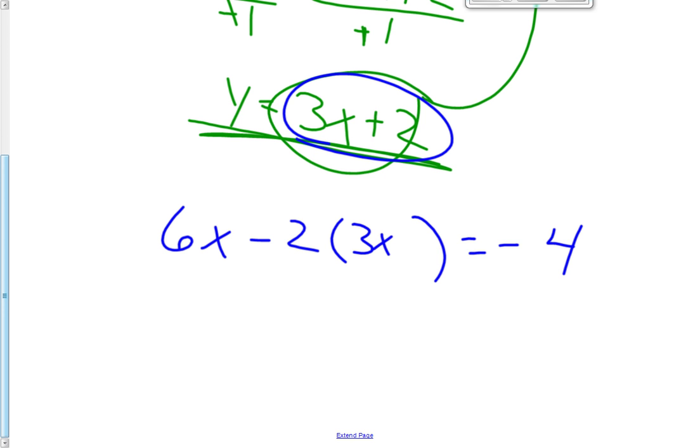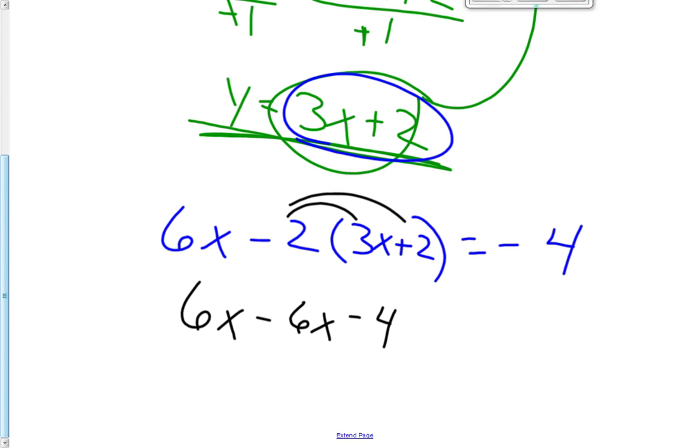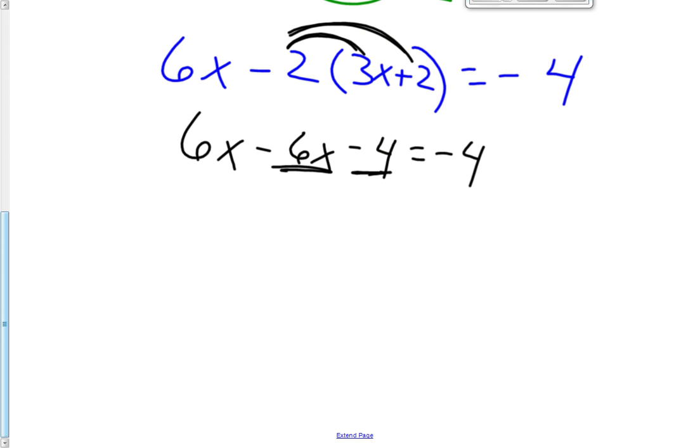So 3x plus 2 goes right there, because that's what y equals. And now the rest, I hope you feel comfortable with by now. We're going to distribute, and we get 6x minus 6x minus 4, because -2 times 3 is -6x. -2 times +2 is -4. That equals -4.